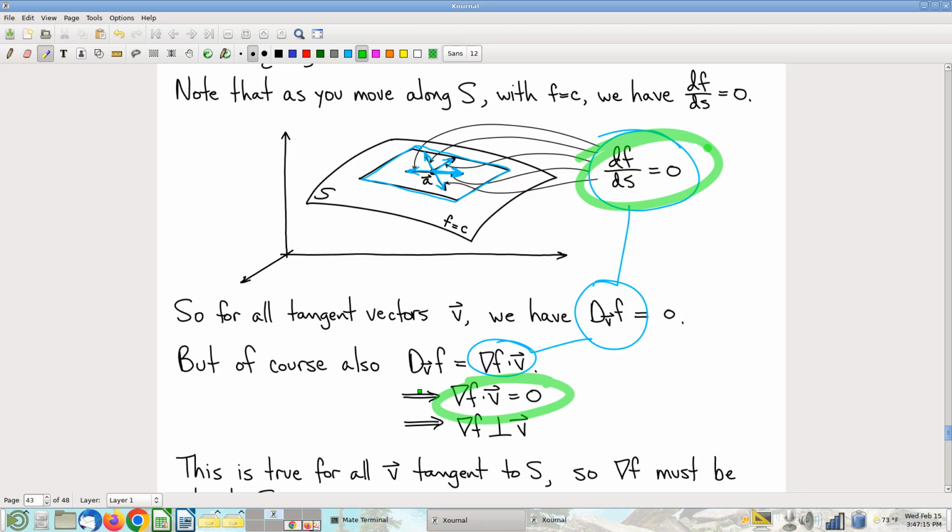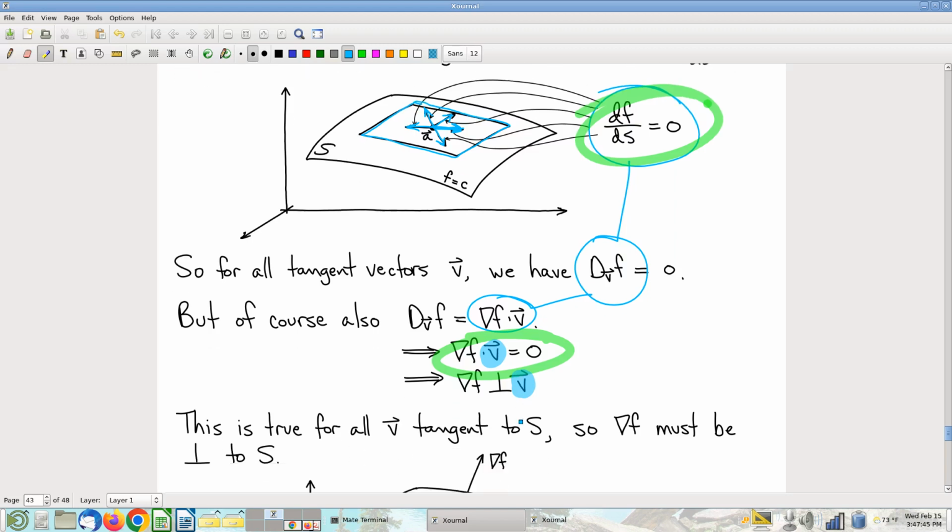And that means a tremendous amount. This says that for every single tangent vector, let me highlight this in blue, the gradient's perpendicular to it. At this point, this entire plane of tangent vectors, the gradient's perpendicular to all of them.